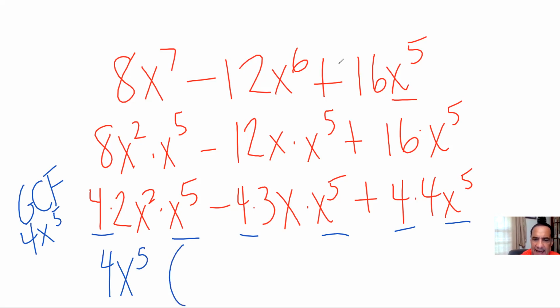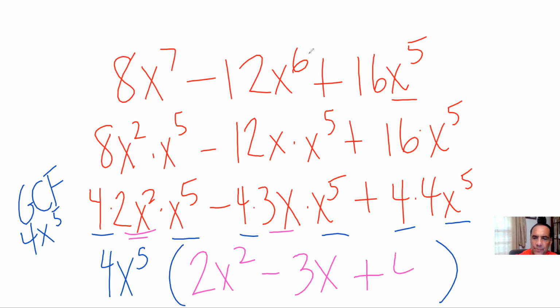And then everything that I didn't underline stays in. And I'm just running out of colors. I'm going to get 2x squared. I'm going to get negative 3x, because you have to keep the minus, and then you have to keep a plus 4. So that last situation on the bottom, that is factored form.